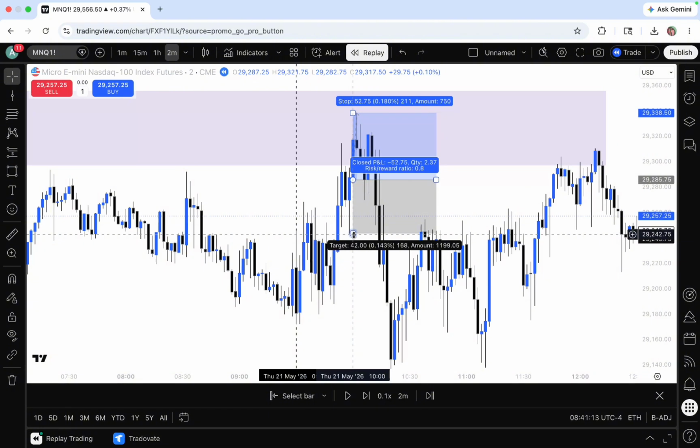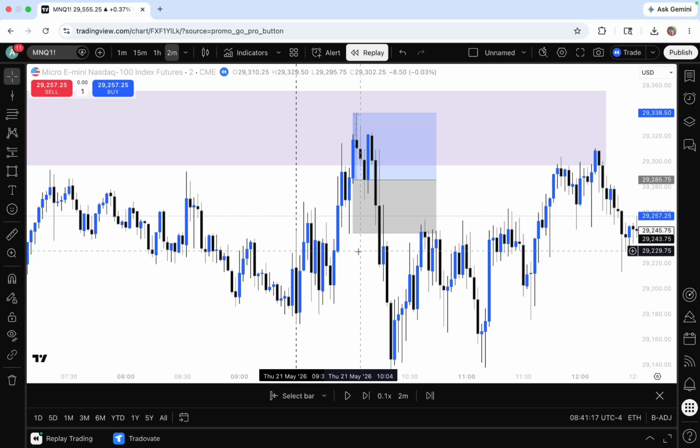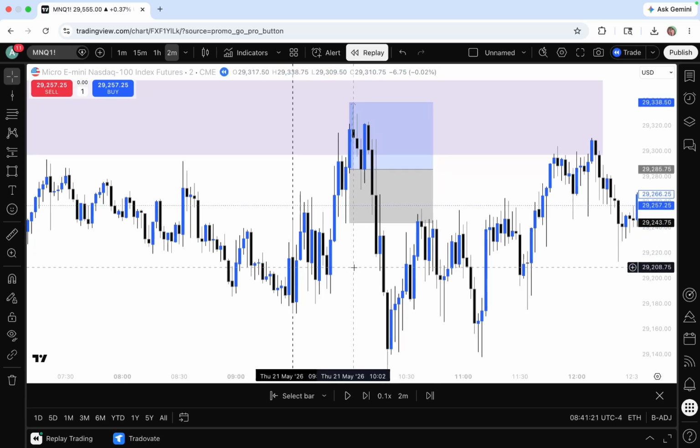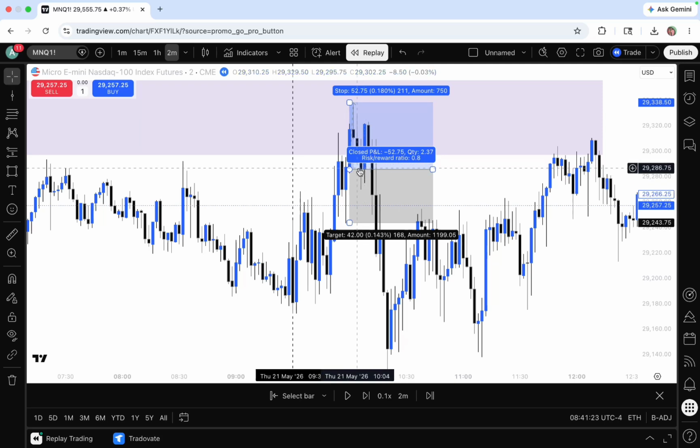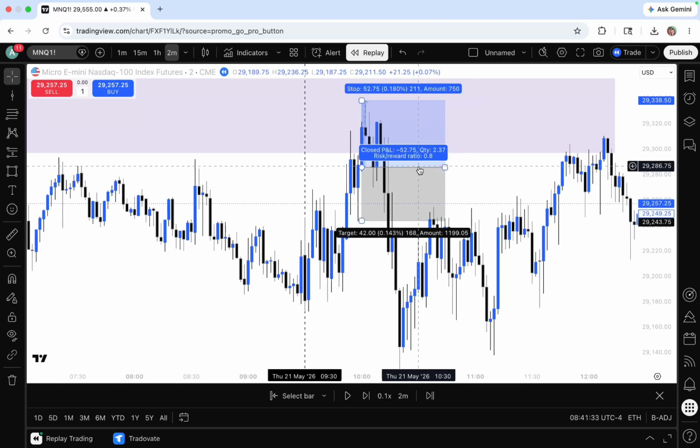If I was going for a more risky trade, that would be a good break-even point, and then potentially these lows could be targeted. But I just wanted an easy one. I typically go for a 1-to-1, but yesterday was more like a 0.8.